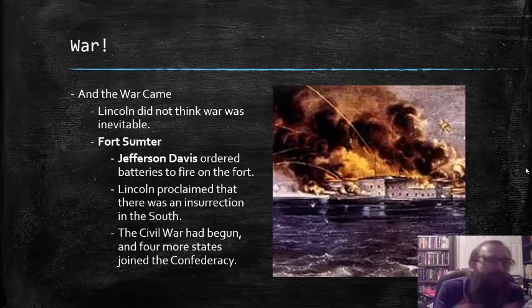Well, after those 7 states seceded, there were still some military installations in the South that were in federal or northern hands at the time, and this included Fort Sumter.